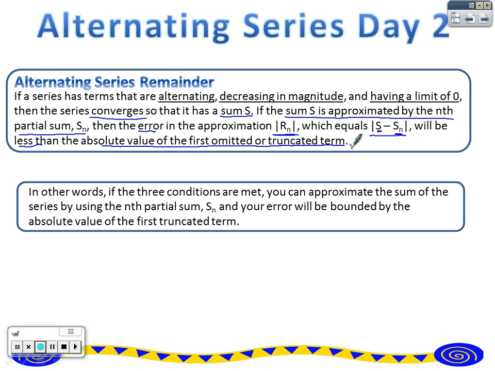The first omitted or truncated term really means the next term. Those are fancy math words for the next term. So if I added up the first 6 terms, then my first omitted or truncated term would be the 7th term. It's the next term.